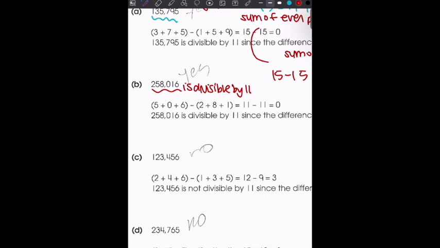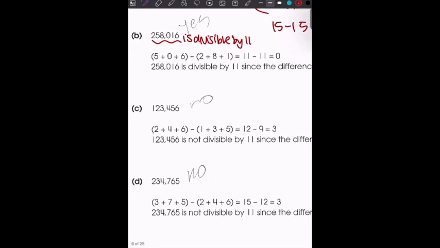Now we're going to take a look at the number 123,456. For this number, the sum of the digits in the even place is going to be 2 plus 4 plus 6, and that is equal to 12.